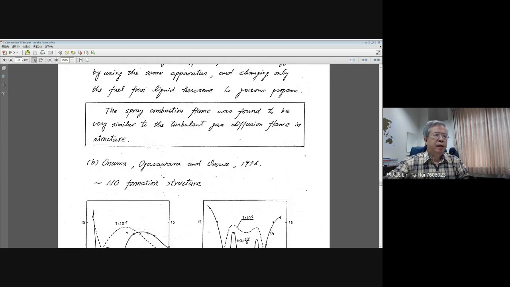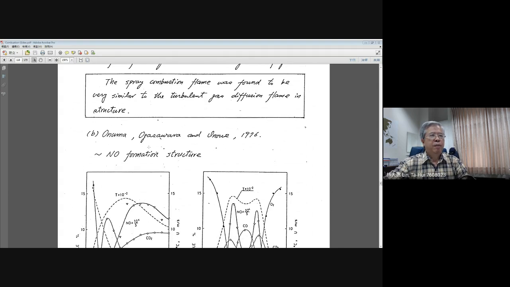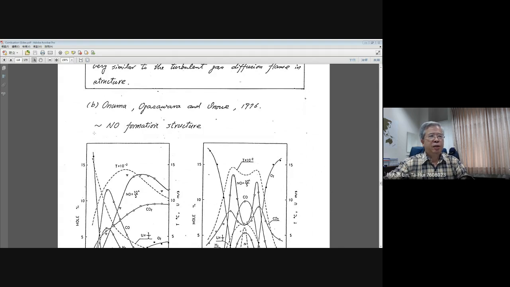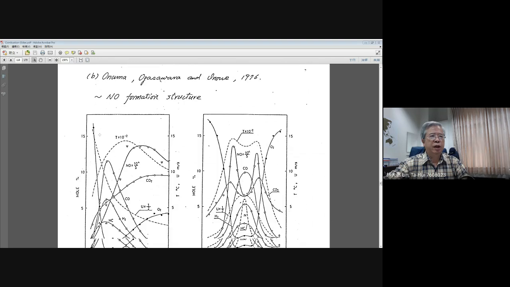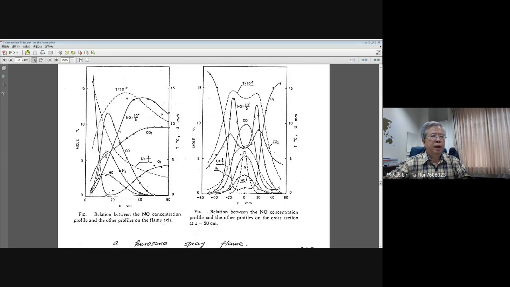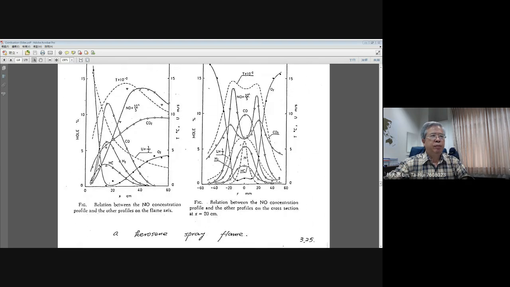The same group did a further experiment and published it in 1976, more focused on the NOx formation structures. They tried to look at the variation in NOx concentrations. First, they present the NOx concentration variations in a different way for a kerosene spray flame.